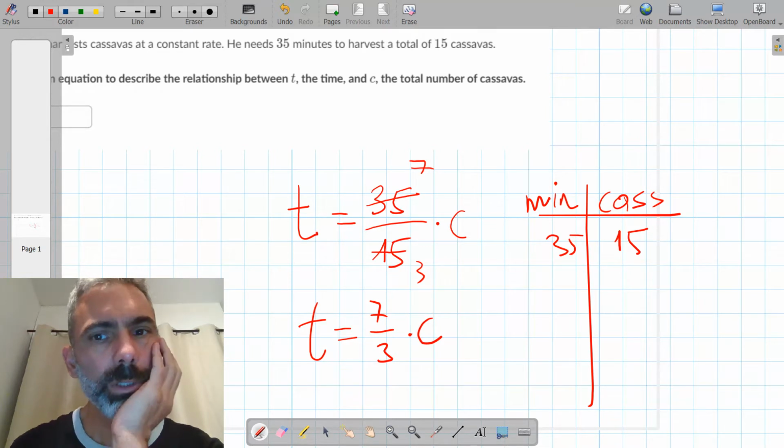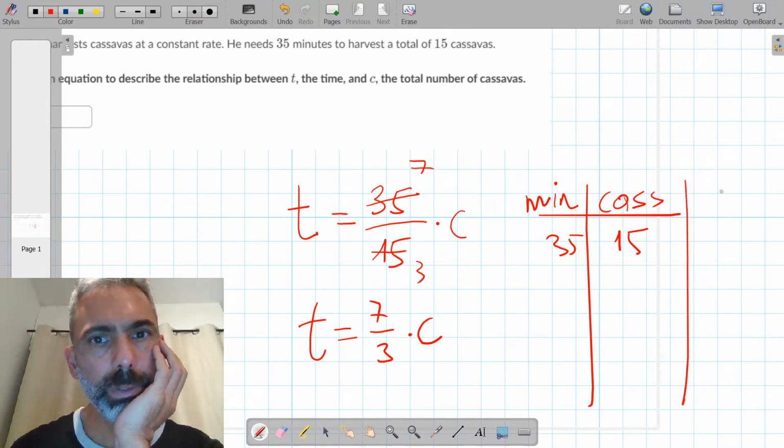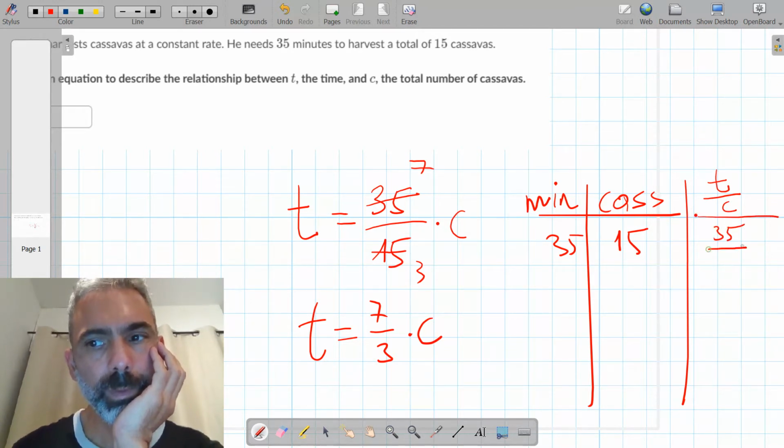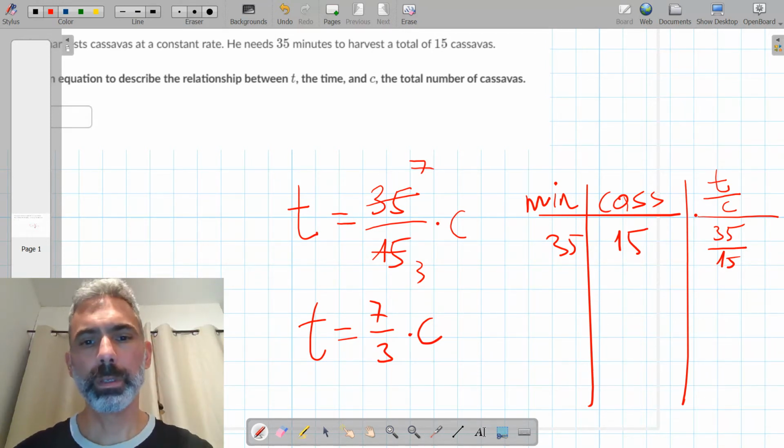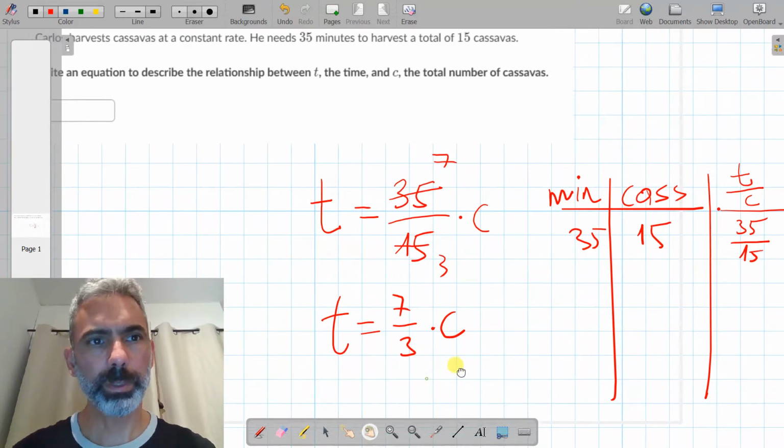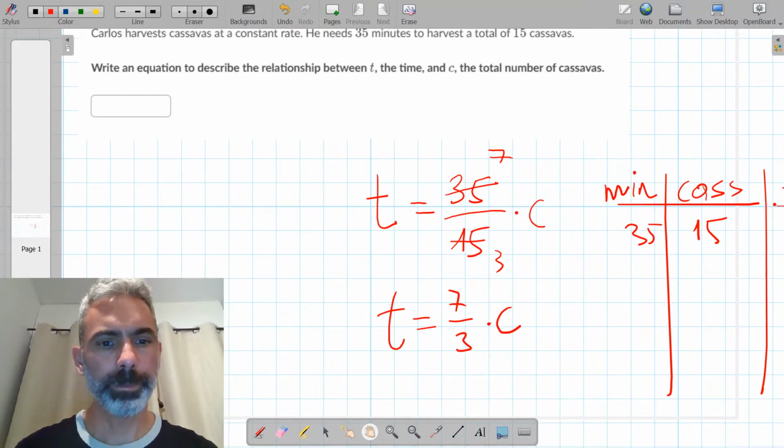So the relationship between the time and the total number of cassavas is T over C, which is 35 over 15. 35 divided by 5 is 7, 15 divided by 5 is 3, so this is the relationship between T and C expressed in an equation.